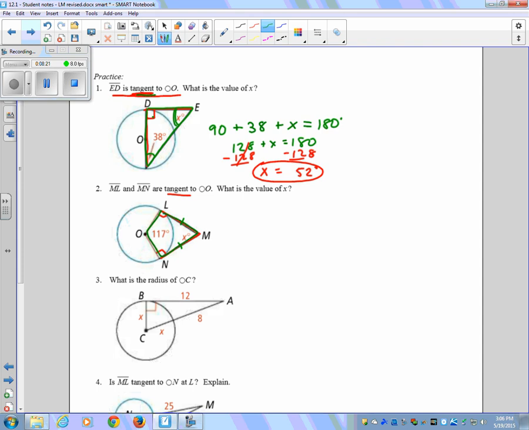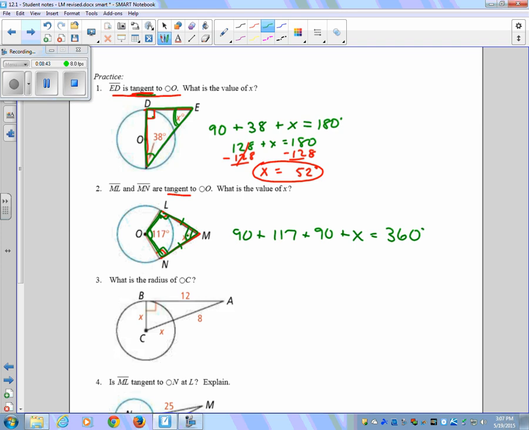And we know that the four angles of a quadrilateral have to add up to 360. So we're going to do 90 plus 117, which is given to us here, plus another 90, plus x, the missing angle, equals 360.